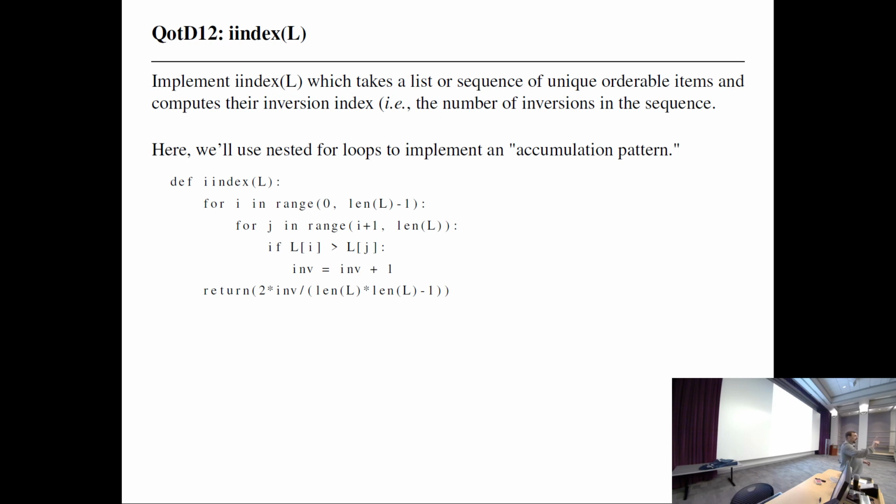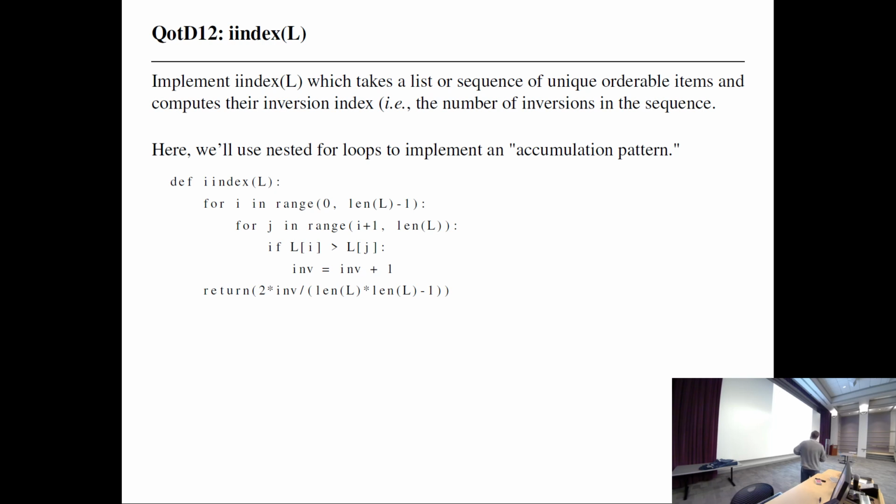So as I scan through the list, I stop short. And the other index starts one beyond where I am and scans the rest of the list. So I'll always be comparing an element in the list before with an element of the list afterwards. So let the first element be every element in the list except the last one, and compare that element with every element that comes after it, counting how many times these things are out of order. That's all you have to do.